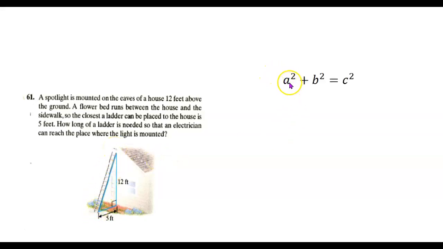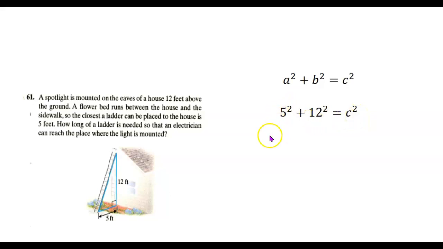So here's our Pythagorean theorem: a squared plus b squared equals c squared. The one we do not know is the hypotenuse, so we leave that as c, and we put in the numbers 12 and 5 for a and b. 5 squared plus 12 squared equals c squared.